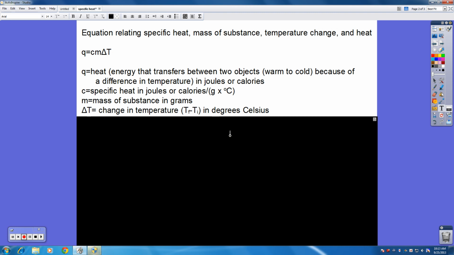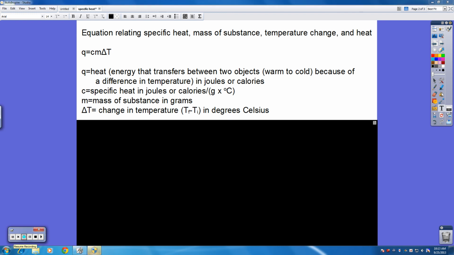Which means that if you're heating something up, your change in temperature is going to be positive, so your Q is going to be positive. An interesting aside, which we'll get to a little later, is that if you're cooling something down, your T final minus your T initial will be negative, meaning your Q will be negative.